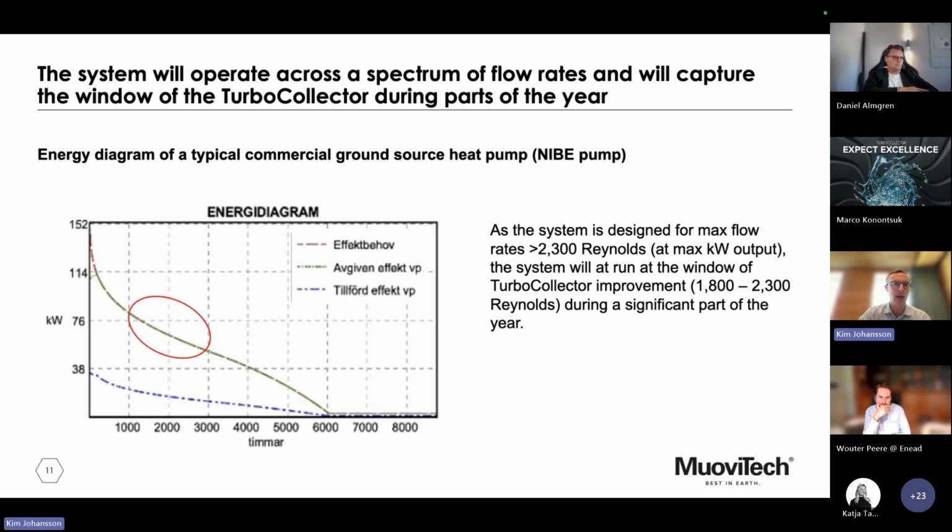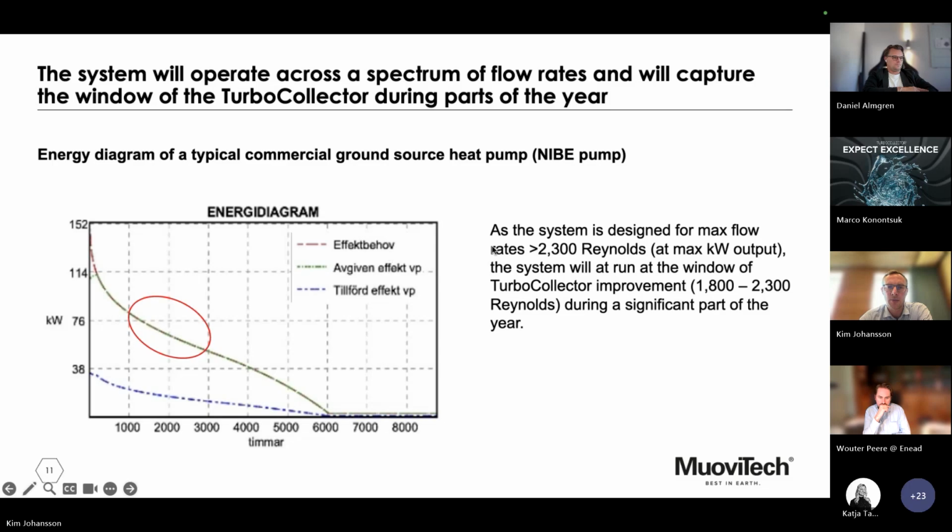On the y-axis, we could see the kilowatts used by the system. And on the x-axis, we have the number of hours per year. We could quite clearly see that it's a very small part of the year where we are operating at peak load. And quite quickly, we end up in a part load.